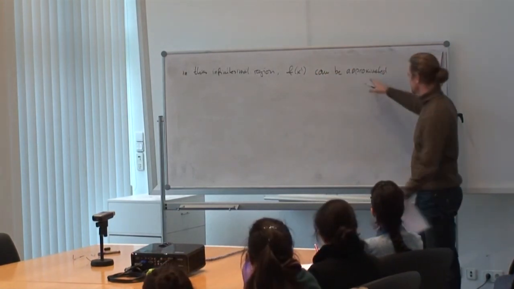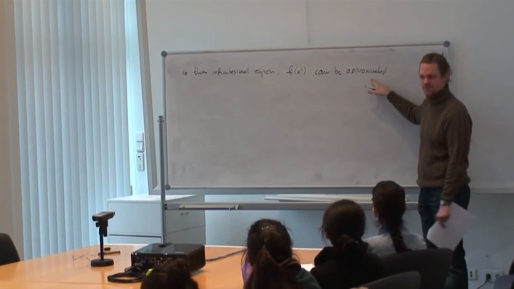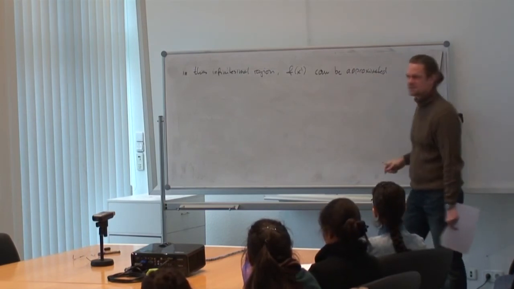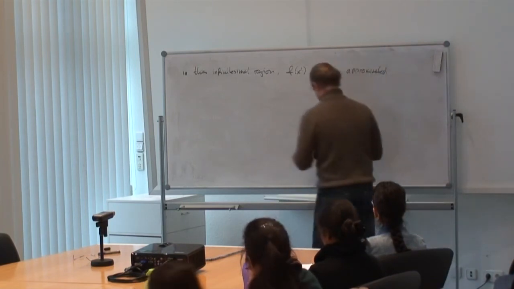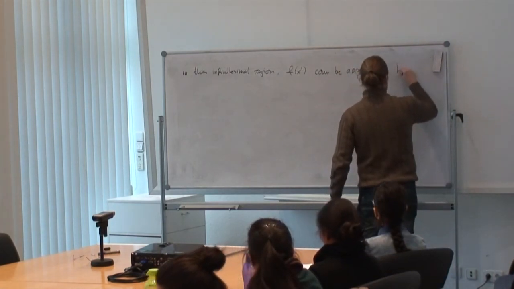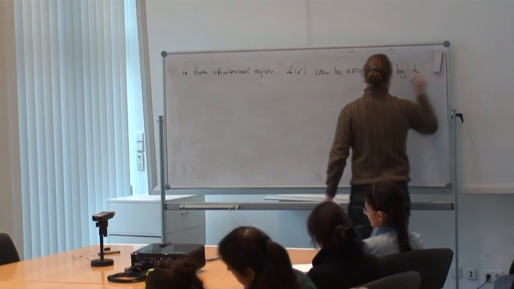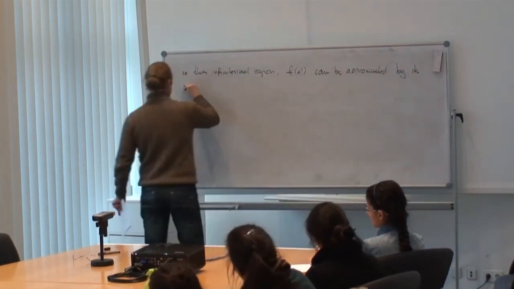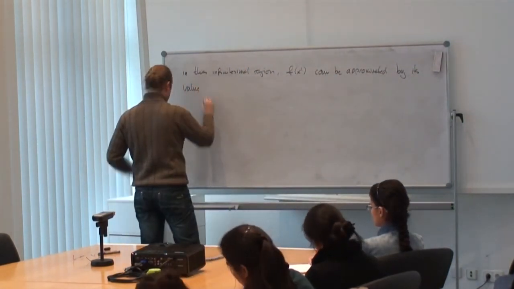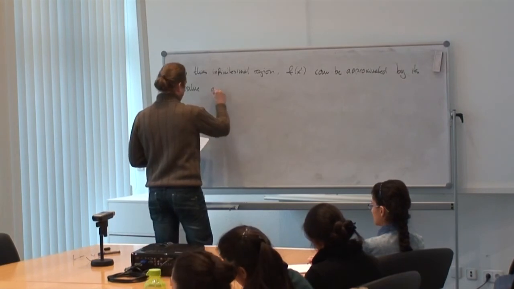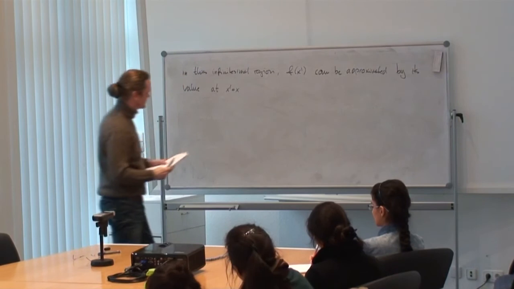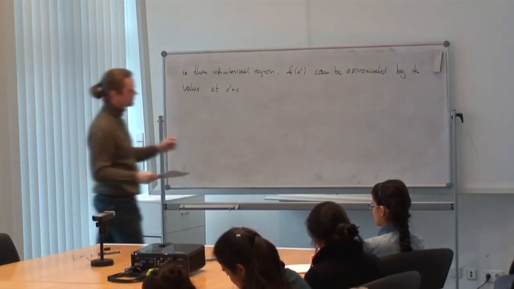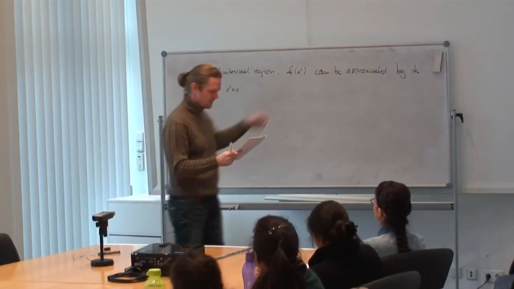I could not take this if I was a mathematician, but I can because I'm not. I just try to motivate why we are doing what we're doing. It can be approximated by its value at x prime equals x, f of x. So we assume within this tiny interval, it's all the same anyway.